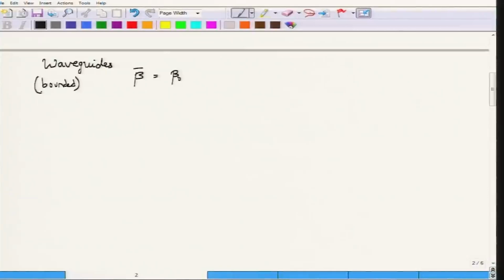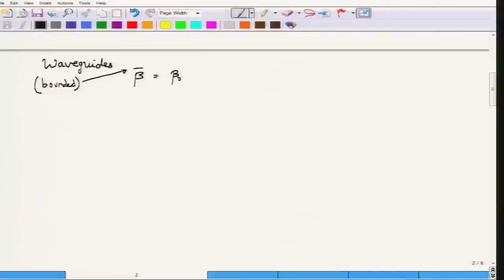I am continuing to assume that the medium is lossless, but I am indicating this bounded medium or the waveguide propagation constant by writing a bar over here. So, beta bar is equal to beta 0 into square root of 1 minus omega c by omega. Remember, omega c is the cutoff frequency, and this equation of course is valid when omega is greater than omega c, that is, the mode is actually propagating.